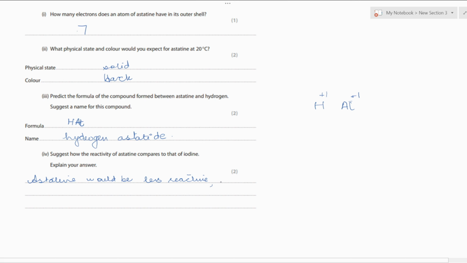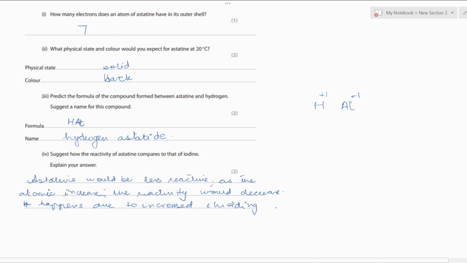So first of all, let's write, as the atomic number increases, the reactivity would decrease. Is it so? Then we can write, it happens due to increased shielding effect. Okay, shielding effect. Done.